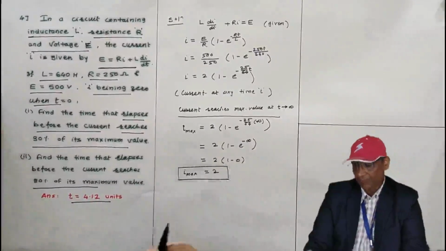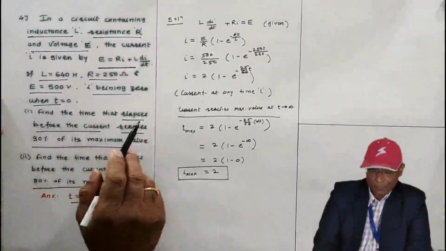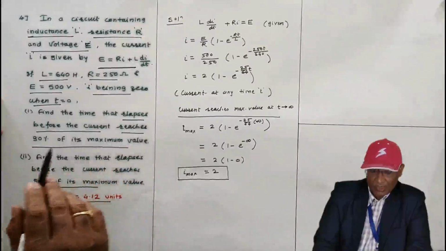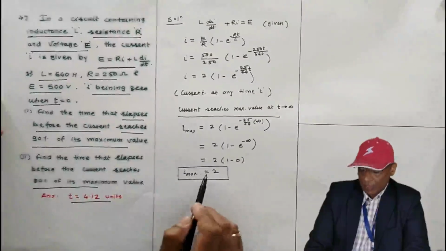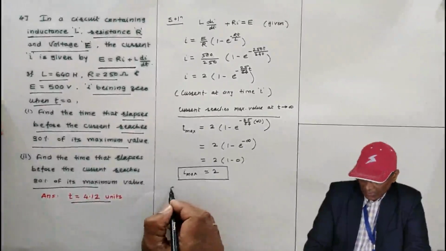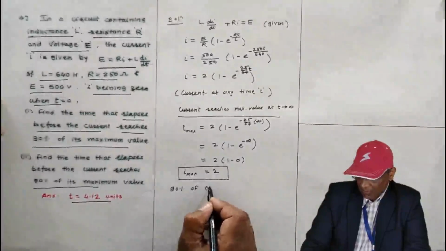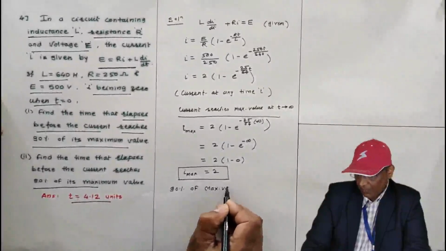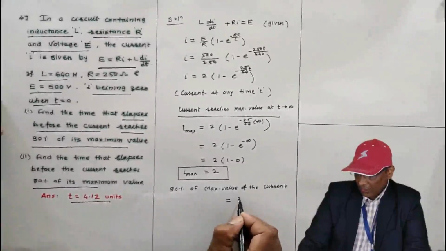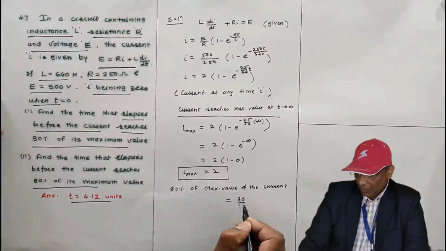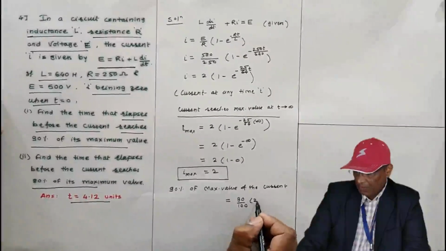2 units. But what is the question? The question is to find the time that elapses before the current reaches 90% of its maximum value. 90% of the maximum value of the current is this. In this way I have written 90% of the maximum value of current.